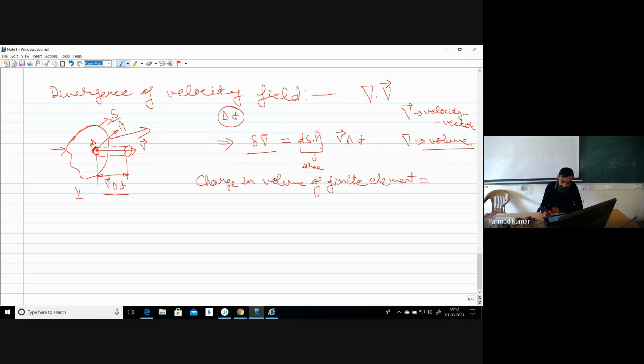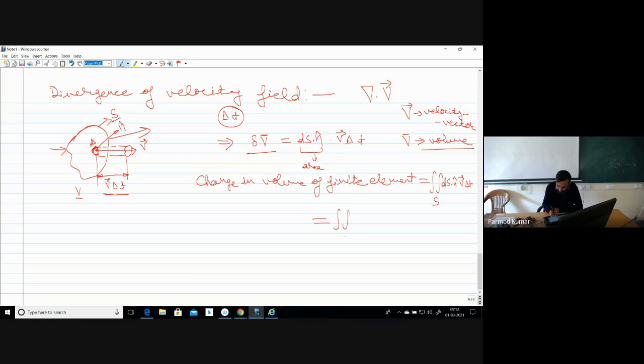That will be the surface integral of dS n cap dot V vector delta t, and I can also write dS into n cap with the dot product of the velocity.